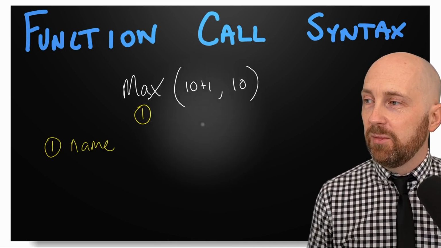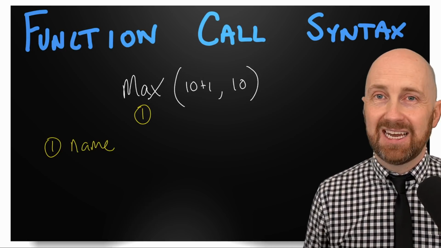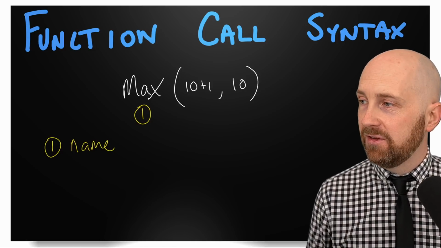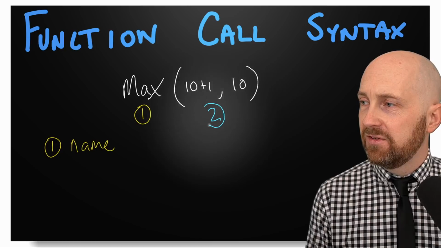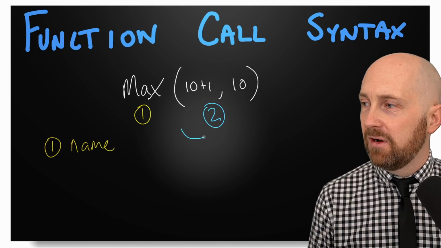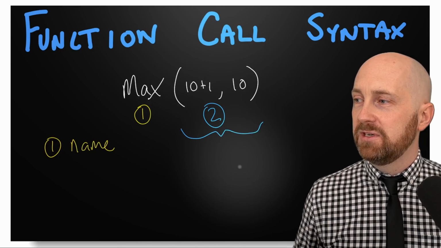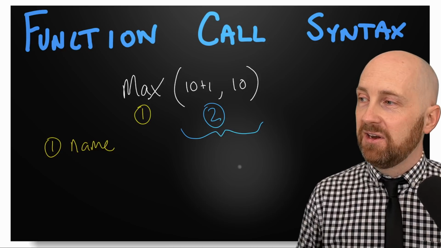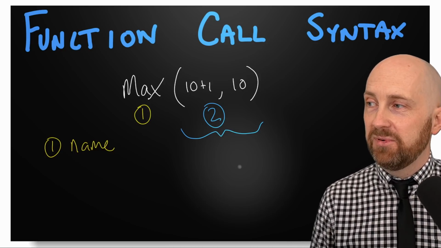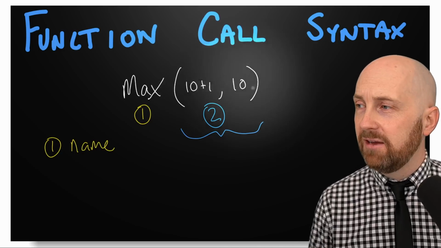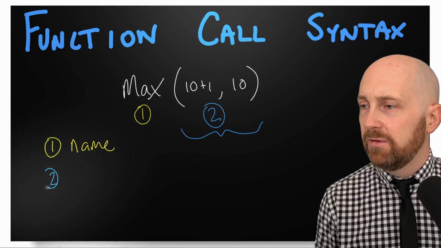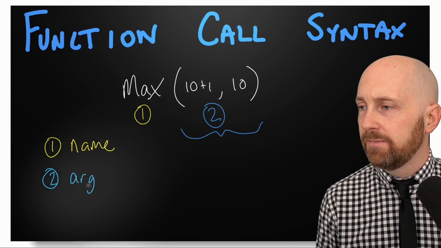Next, we're going to see parentheses, a pair of them. And inside those parentheses, we're going to have an argument list. So I'm going to say that this is the second piece, and I might just draw an inclusive brace here to say that all of this, from the starting parenthesis to the ending parenthesis, is what we call our argument list in a function call. So let's make a note of this. This is the argument list.